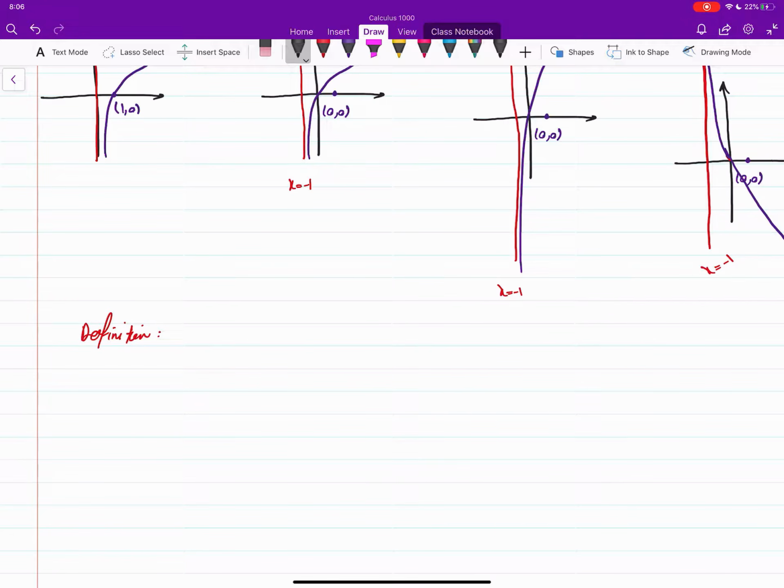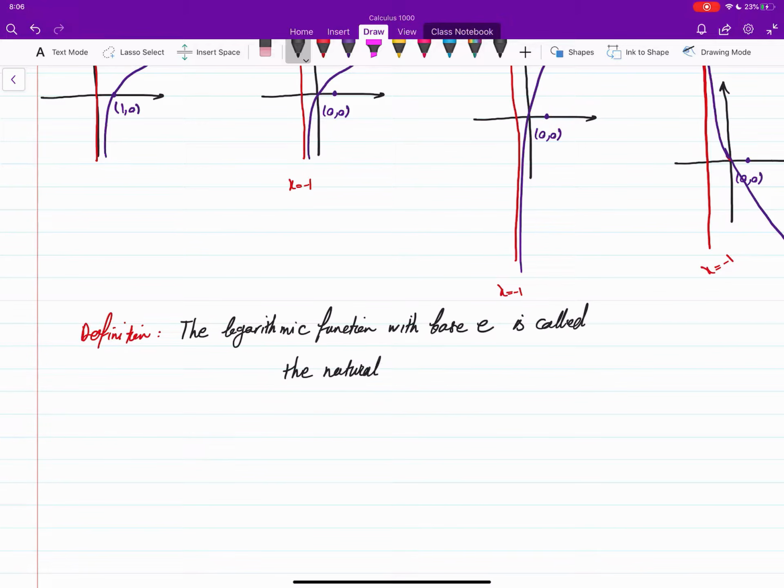When we fix the base to be e, the logarithmic function with base e is called the natural logarithmic function.